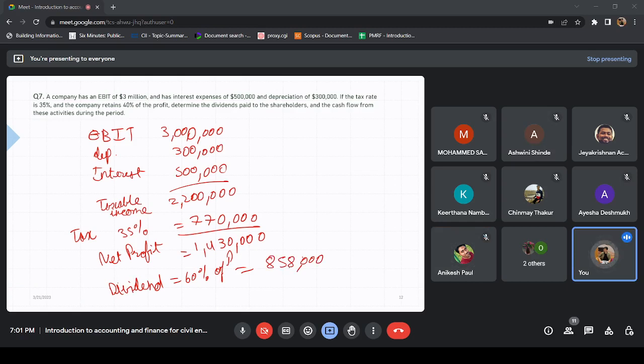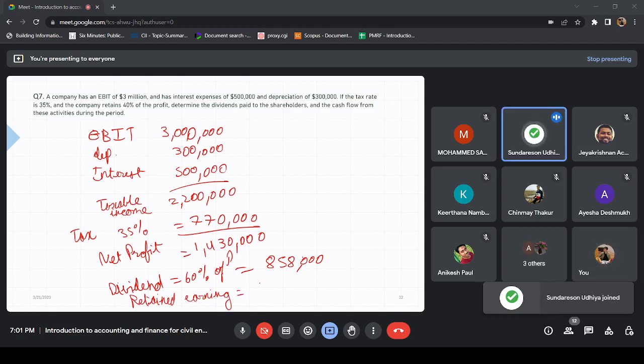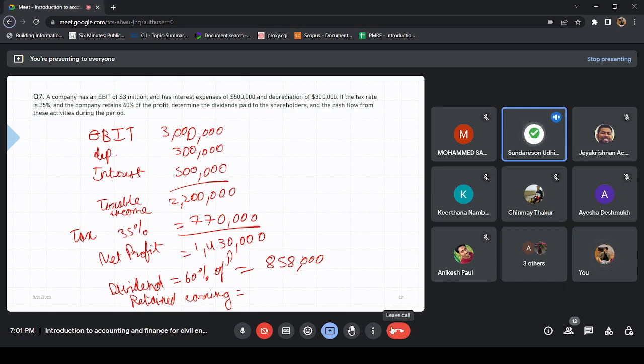So if this is your dividend, then your retained earnings becomes net profit minus dividend what you have paid, right? 8.58 lakhs. 5.72.